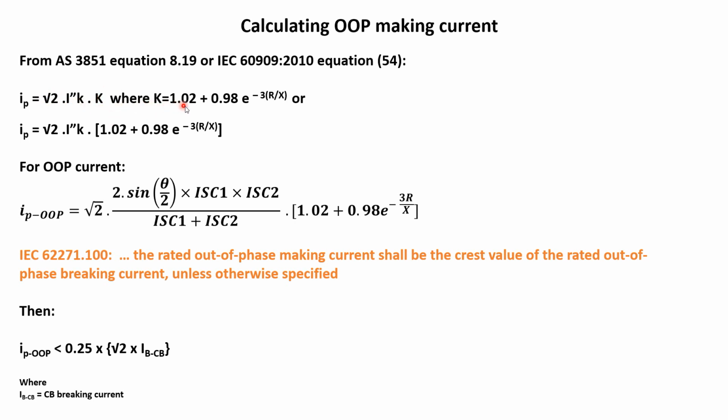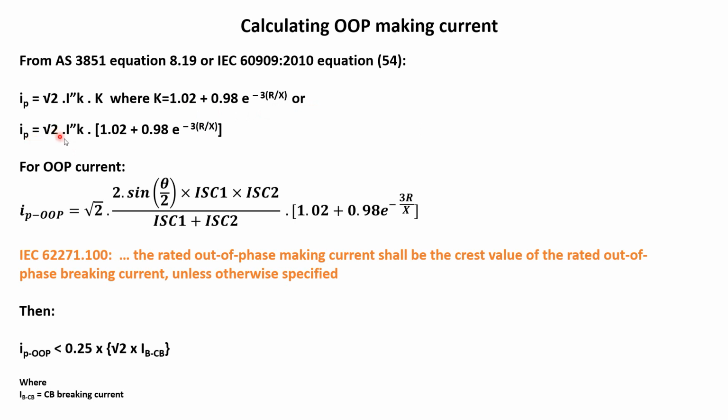The K factor is this equation, and the variation is the X to R ratio. This equation is everywhere. It's in AS standard 3851, equation 8.19, or IEC 60909, equation 54.